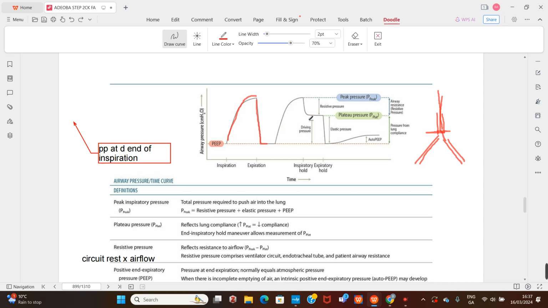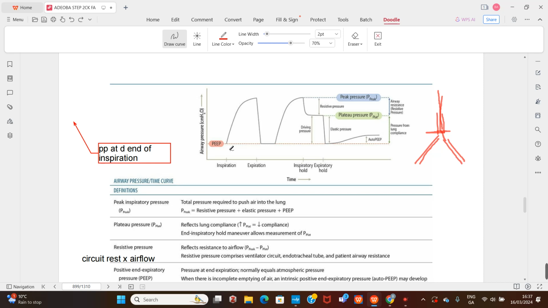Now, let me just say something before I continue. You see, from this point to this peak, that is what we call the peak inspiratory pressure. That is the total pressure that you need from your mechanical ventilator to push in air and expand the lungs.